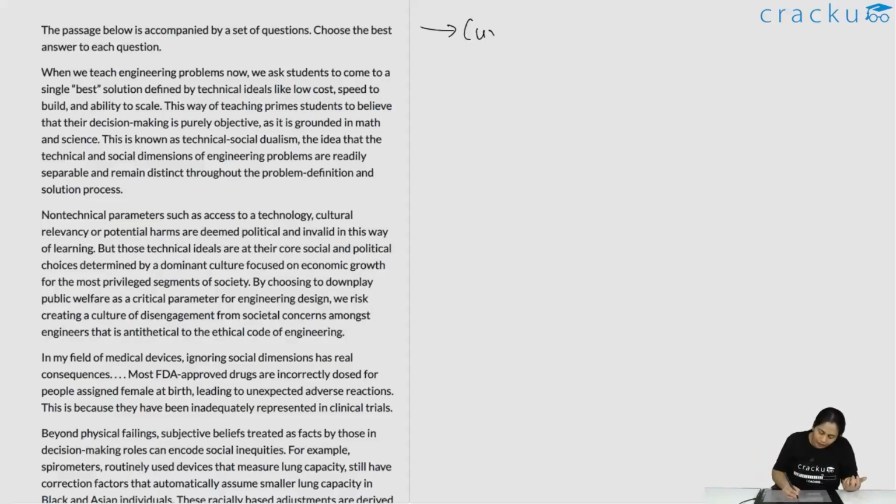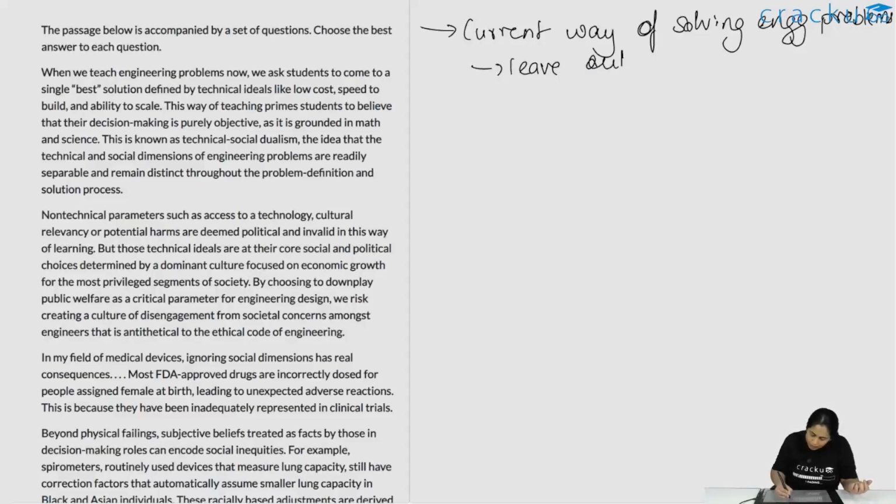So the current way of solving engineering problems leaves out social aspects, and this is essentially called the technical social dualism.